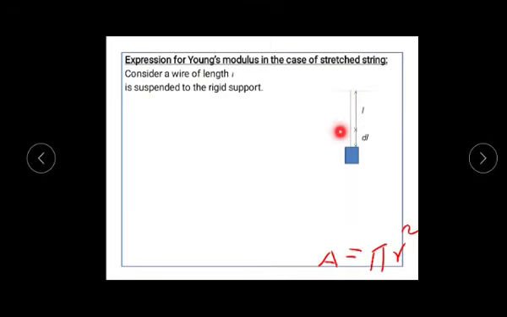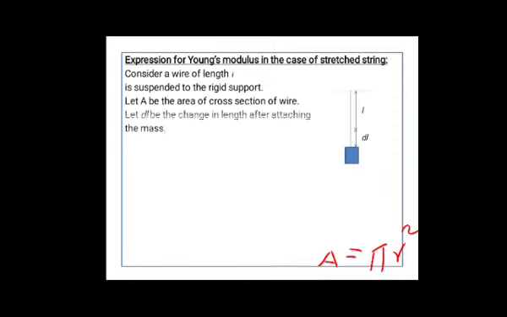The length of the wire up to this point is L. Let A be the cross-sectional area. Then let us attach some mass here. When we attach mass here, the wire gets extended. Let dl be the change in the length after attaching the mass.